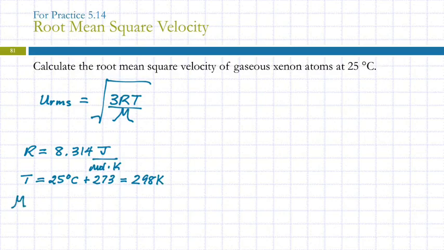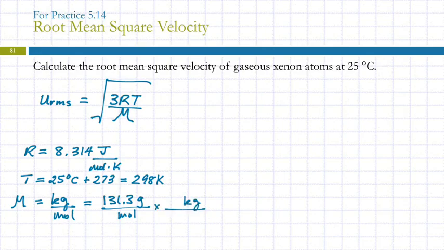And the molar mass, kilograms per mole. Xenon is 131.3 grams per mole. I need to convert that to kilograms.